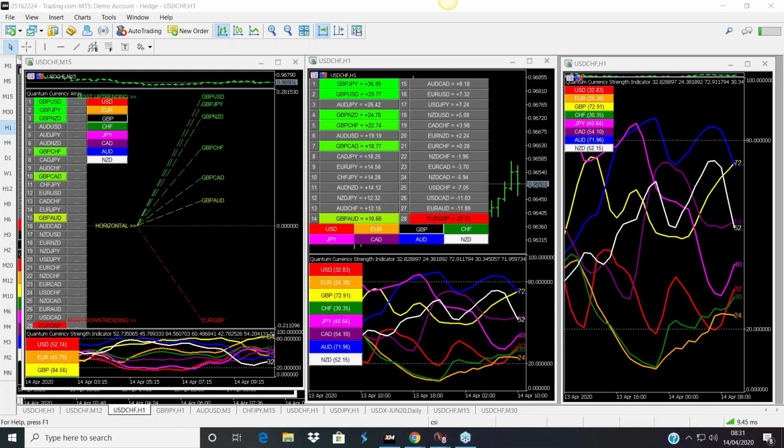You've really got to figure it out yourself. But if you're just starting, look at three: perhaps a major, maybe a cross pair, and possibly even a yen pair. It's very much trial and error. All the pairs will have what we call in our program a different volatility coefficient, in the sense that they will move more in certain sessions.